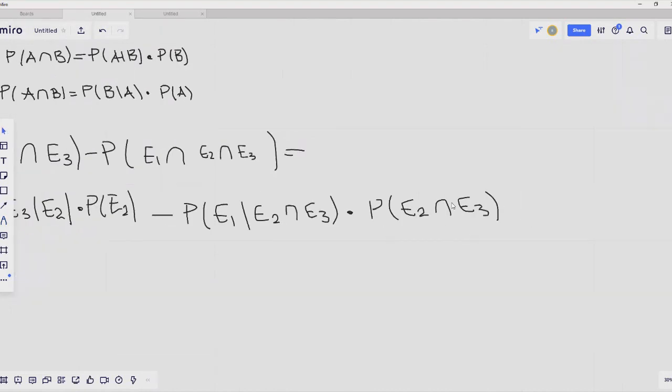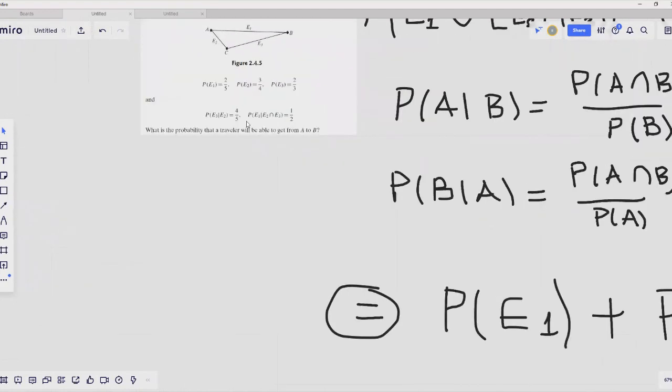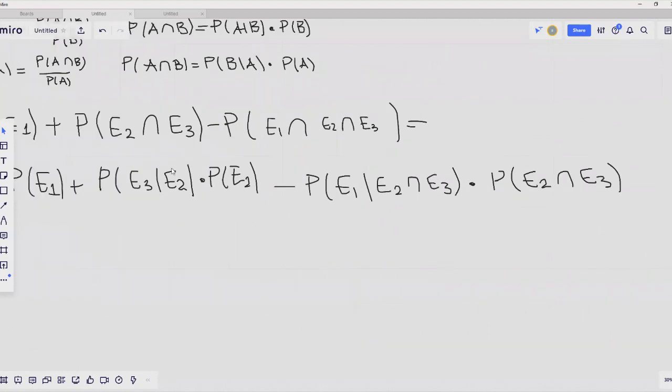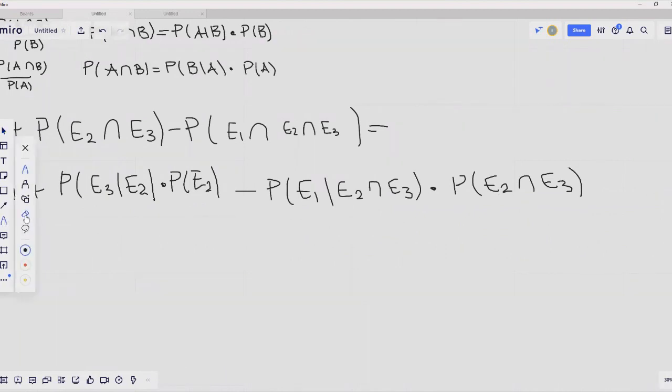The probability of the intersection of E2 and E3 is unknown, however, we've already expressed it as the probability of E3 given E2 multiplied by the probability of E2. So let's replace this one as the probability of E3 given E2 multiplied by the probability of E2.